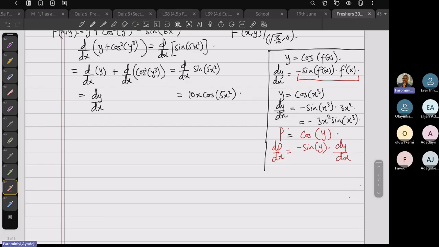When you have y squared here, what is the derivative of y squared? Y squared is like f of x squared. To use chain rule, the outer function is like x squared, so if y is equal to this, dy/dx is 2 times f of x times the derivative of the inner function, f prime of x.